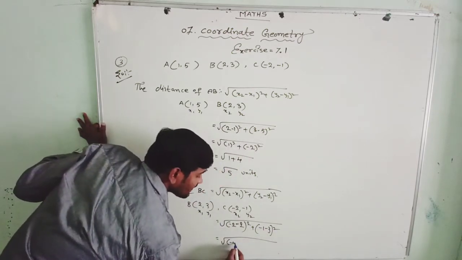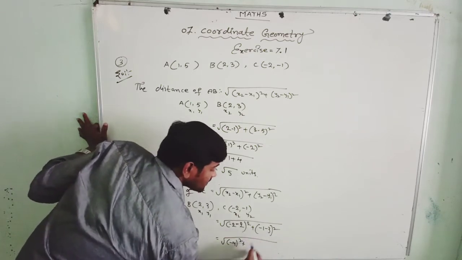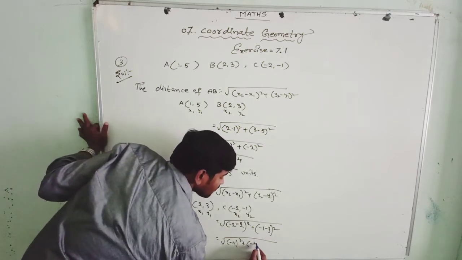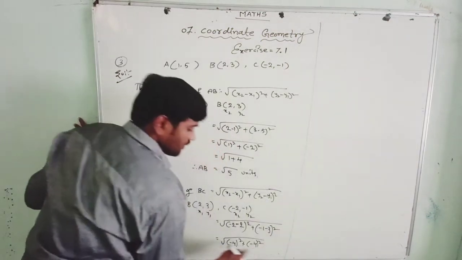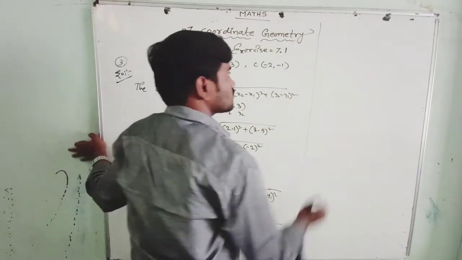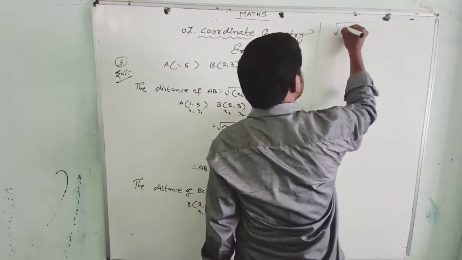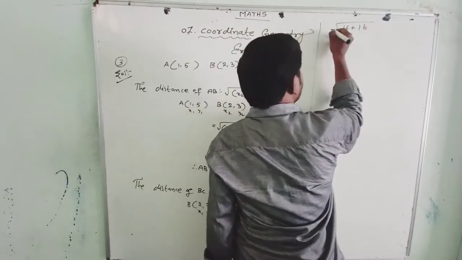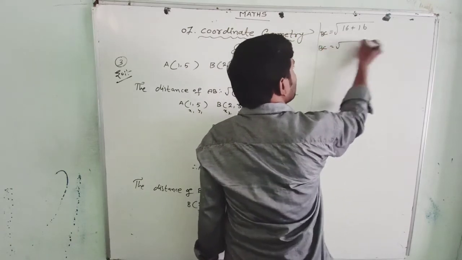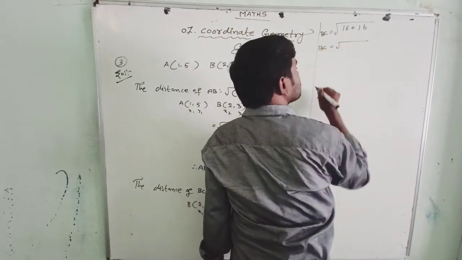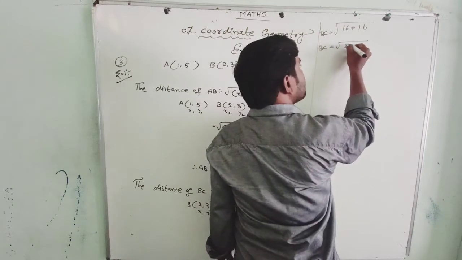Minus 2 minus 2, that is minus 4 whole square, plus minus 1 minus 3, that is minus 4 whole square. So let me solve again. Minus 4 whole square plus minus 4 whole square, that is 16 plus 16. BC equals under root of 32 we can write.